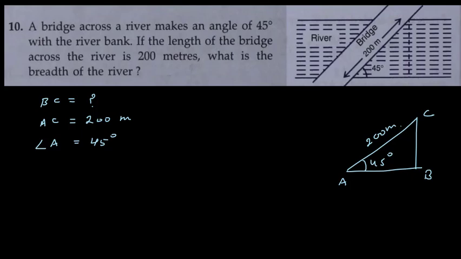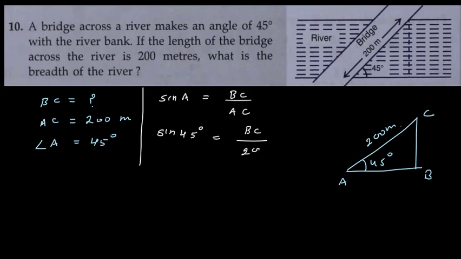So again, we can apply sine of angle A. We can say that sine of A is opposite, that is BC, upon hypotenuse, that is AC. So sine 45 degree is equal to BC, which is unknown, divided by AC, which is 200.